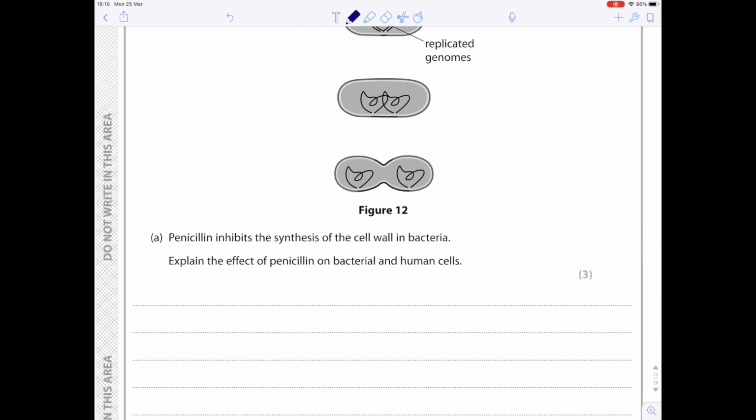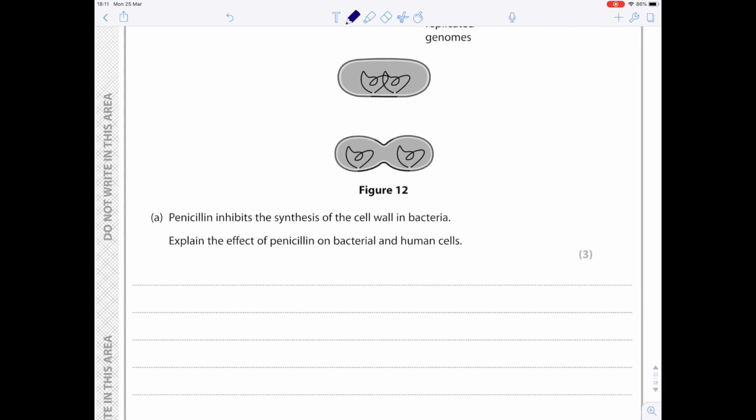Penicillin inhibits the synthesis of the cell wall in bacteria. Explain the effect of penicillin on bacterial and human cells. Now, hopefully you know that because humans form part of the animal kingdom, their basic cell structure looks like this. It has the nucleus in the middle, surrounded by a cell membrane on the outside.